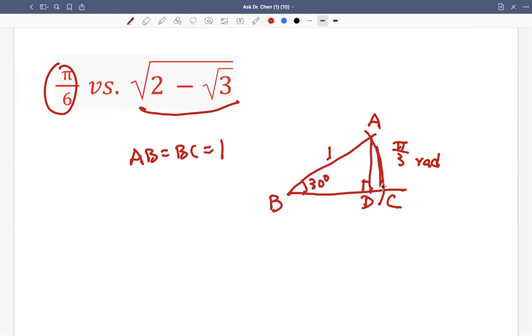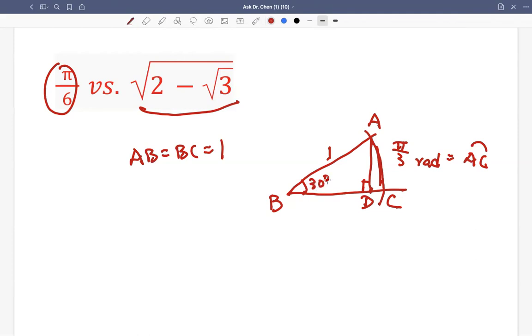This is the arc length from the curvy part. The curvy part, let's call it arc AC, means arc length. So AB and BC are the radius of the unit circle, which equals 1, right?